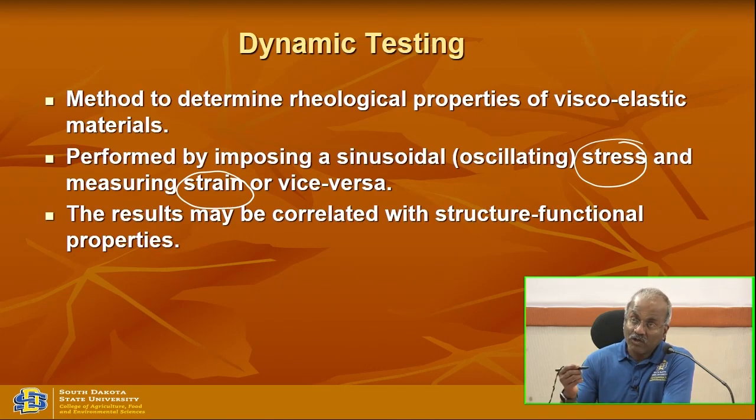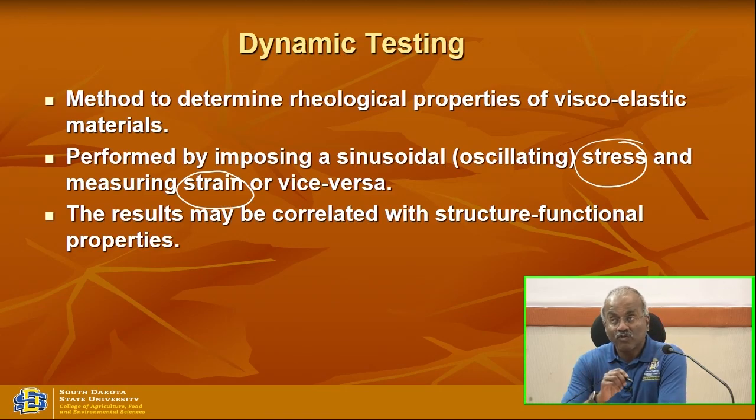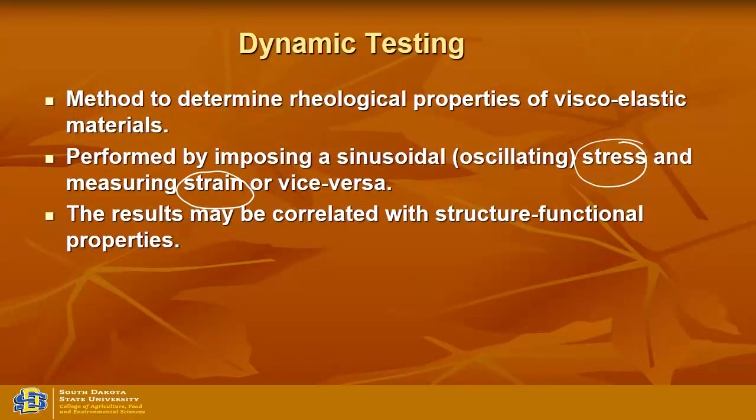There are equipments which are stress equipment, where you can apply stress to get the strain. There are equipments where you apply strain and then measure the stress. The main point here is that whatever we talked about so far were all macroscopic evaluations, while this is more of a microscopic measurement.